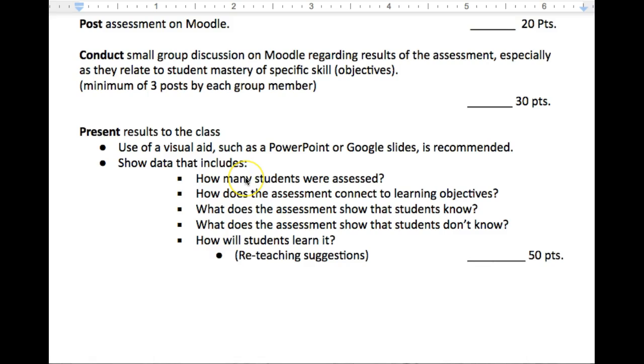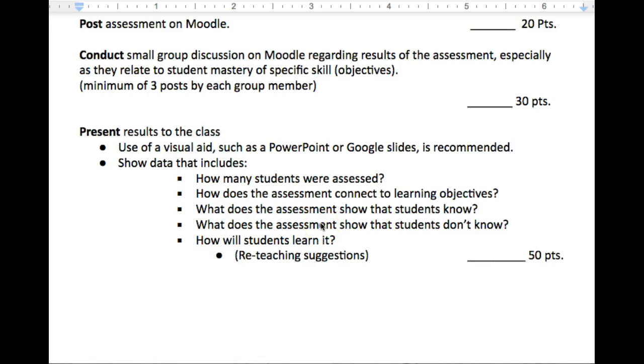And in your data, make sure you show how many students were assessed and how the assessment connects to the learning objectives. Of course it goes without saying that you're going to talk about which course the assessment is covering and the type of students you're covering, what it shows that they know and what it shows that they don't know.